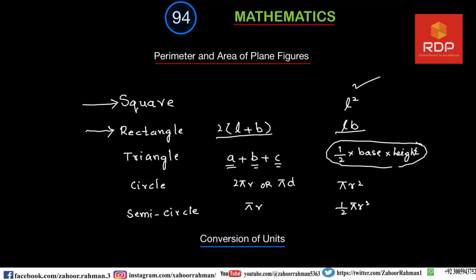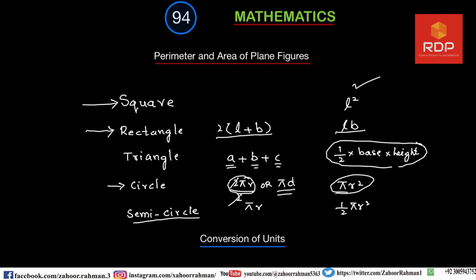So for circle we have the perimeter 2 pi r when we are talking in the context of radius, but if we are talking in the context of diameter, then we have to use this formula, and this formula is used for area of the circle. Similarly, if we are having semicircles, we have to divide this full circle by 2.